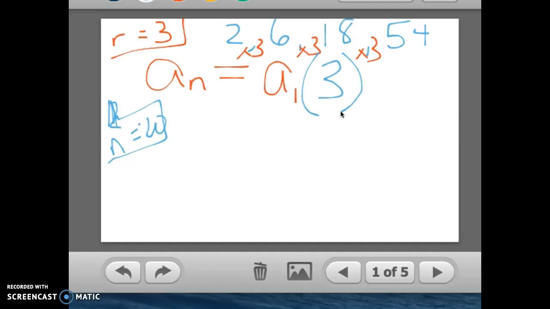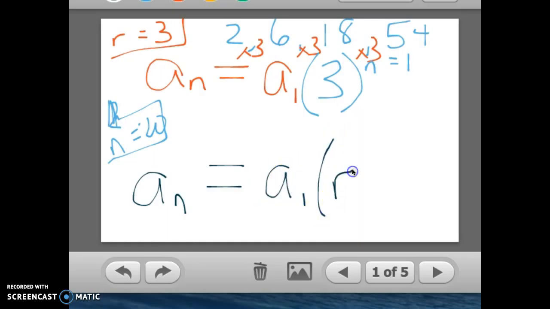Basically, 2 times 3 squared gives me the third term, and 2 times 3 to the third gives me the fourth term. So 2 times 3 to the n minus 1 is my formula. Let me rewrite that, because I got sidetracked by what the actual problem is: it's not 3 in the formula, it's r in the formula. And then the exponent you raise it to is n minus 1.